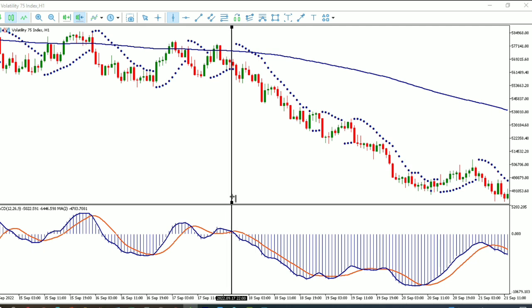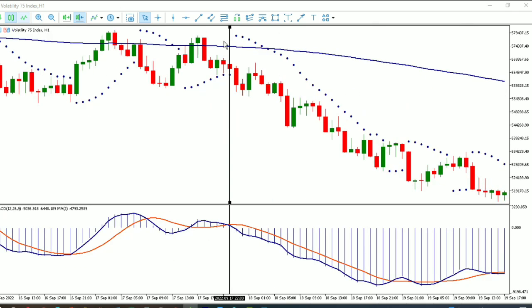So if I mark out this level, you can see on the crossover of this, when the blue line is going down, on the other side of the market, we have the market which is already below the 200-period moving average. And since the market is below the 200-period moving average, the other thing that we are going to be looking for before we sell is the market needs to be below the parabolic SAR.